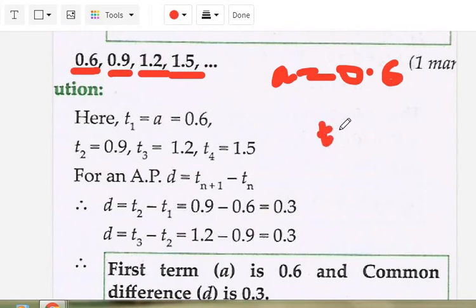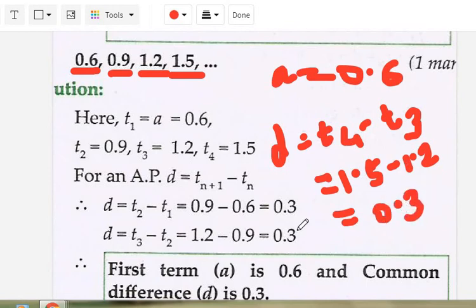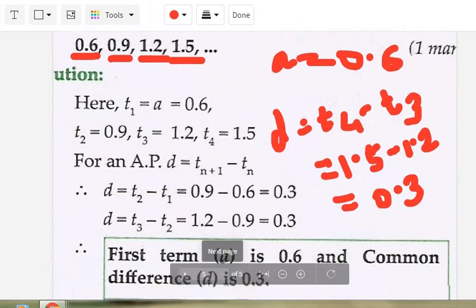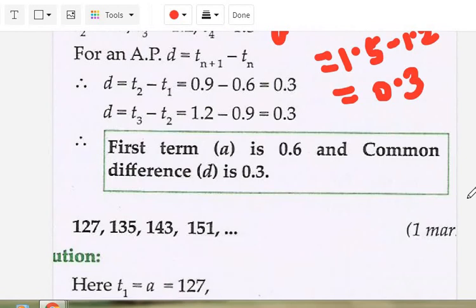Again T4 minus T3, that is D. T4 is 1.5 minus 1.2, that is also 0.3. Now see, common difference is 0.3 and therefore your first term A is 0.6 and common difference D is 0.3.